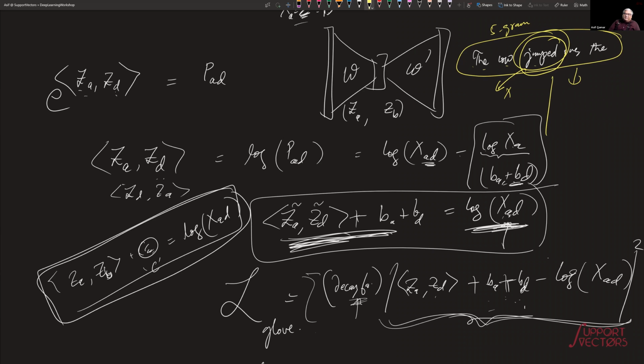We saw 4 implementations, 3 from the word2vec family, which were continuous bag of words, skipgram, fastText, and then GloVe, which is a different one.